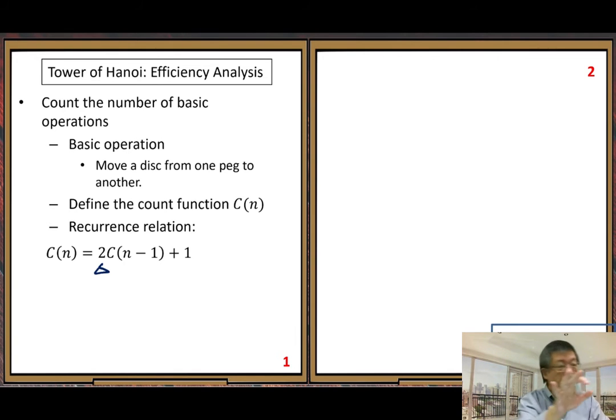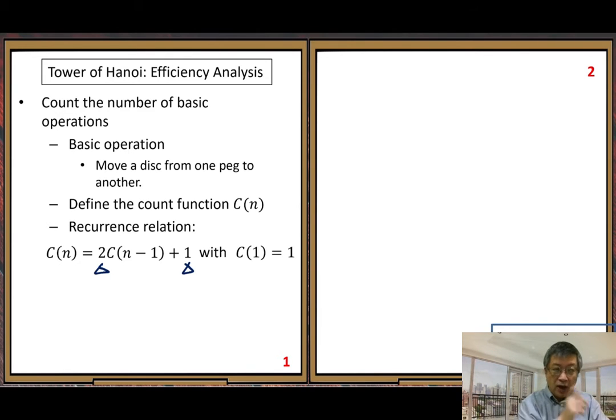After that, we need to move the bottom disk, so another one move, so plus 1. So this is our recurrence relation. The question is how to solve it. It is very simple, right? But how to solve it? You need to use some special technique. Now, let me show you how to use some special math technique to solve it.